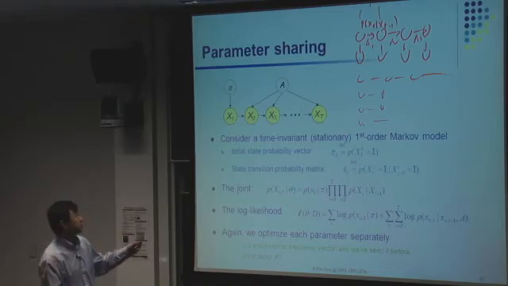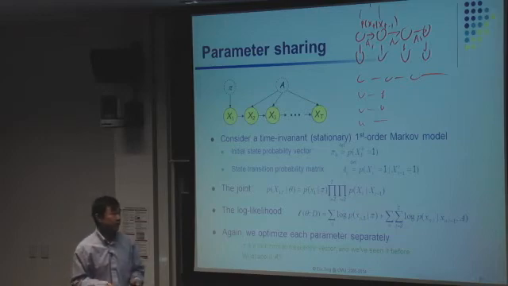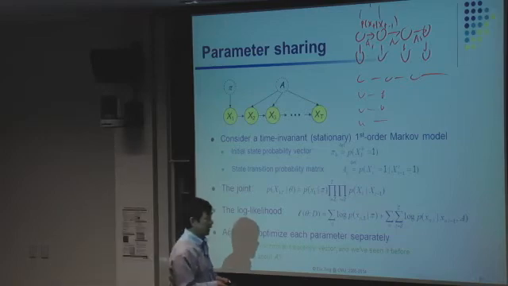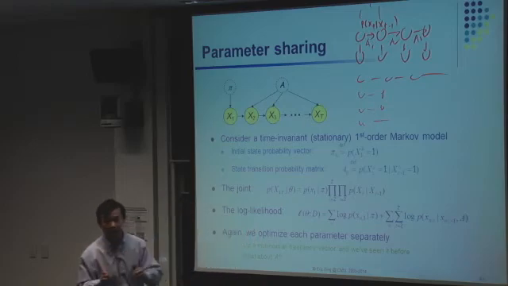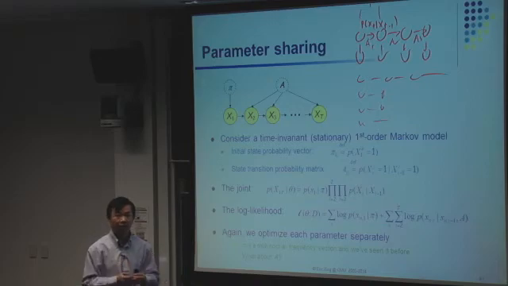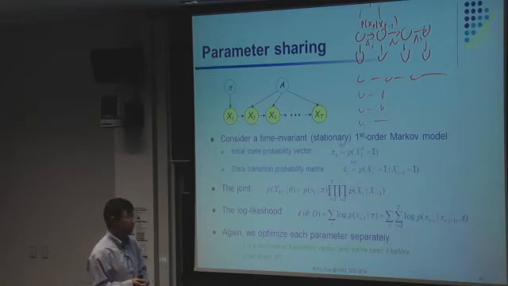Okay, so this is called parameter sharing, which means that you can have another layer of reduction by placing the local conditional distributions in different places of the same graphical model. Okay, especially if the graphical model structure is repetitious or redundant over the space of the graph.